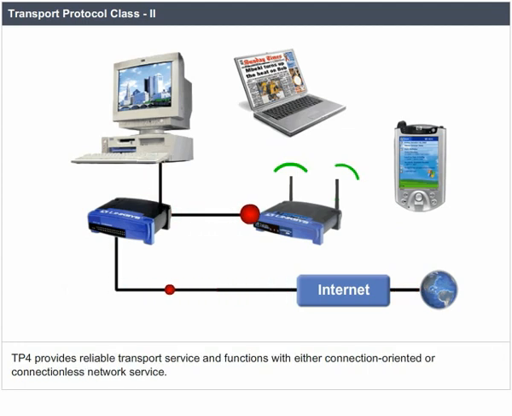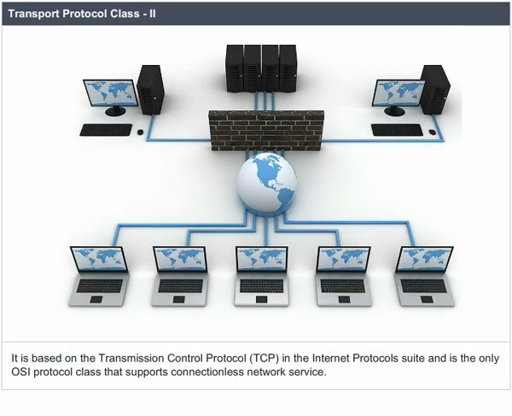TP4 provides reliable transport service and functions with either connection-oriented or connectionless network service. It is based on the Transmission Control Protocol (TCP) in the Internet Protocol Suite and is the only OSI protocol class that supports connectionless network service.